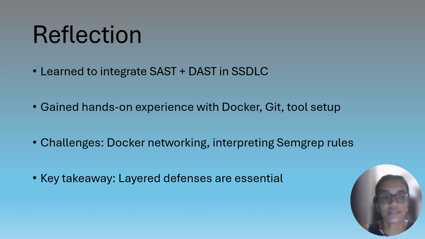Interpreting the Semgrep rules was also tricky, as some findings had to be cross-checked with references. These challenges taught me the importance of environment setup and manual verification. Overall, I learned that layered defense is essential in secure software engineering.